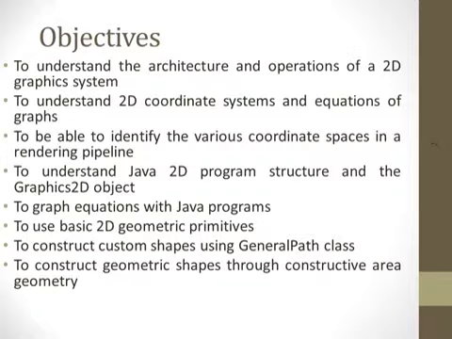In this chapter we understand the architecture and operations of a 2D graphic system, and also the 2D coordinate system and equations of graphs, and we are able to identify the various coordinate spaces in the rendering pipeline. We understand the Java 2D program structure and the Graphics2D object, and we graph equations with Java programs.